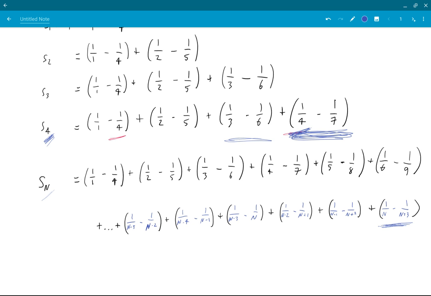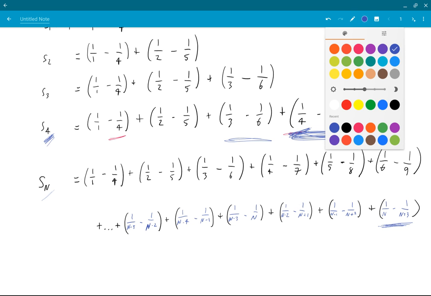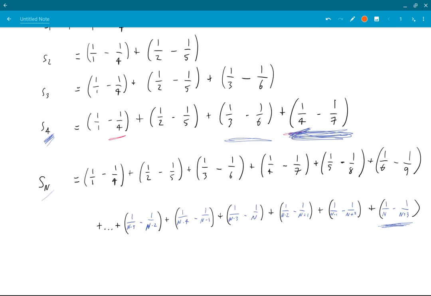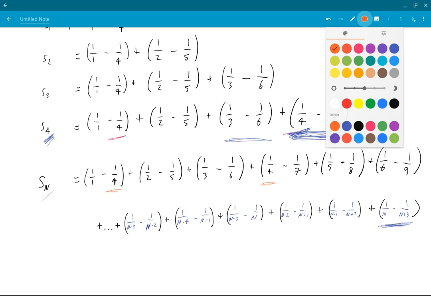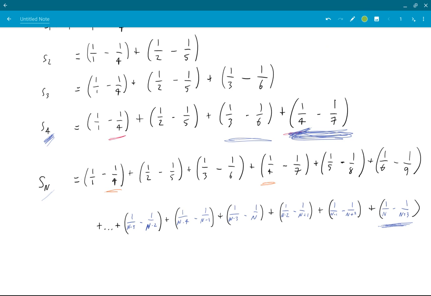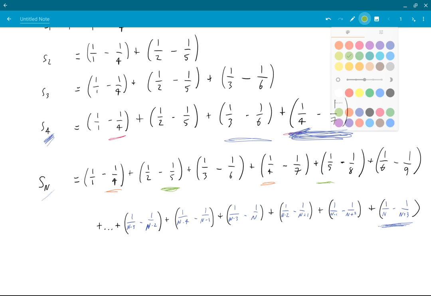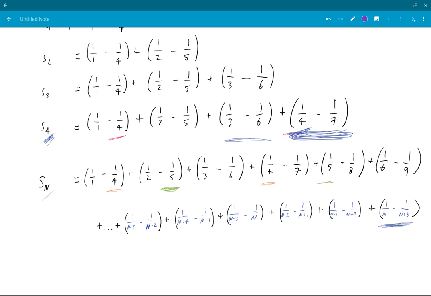Okay. So what I'm trying to do now is look at this S capital N and decide what survives and what does not survive. So I got minus 1 over 4 and then plus 1 over 4. Then I have plus 1 over 5 minus 1 over 5. Plus 1 over 6 minus 1 over 6.